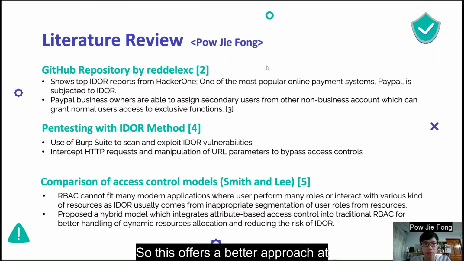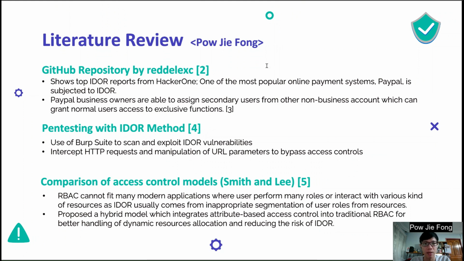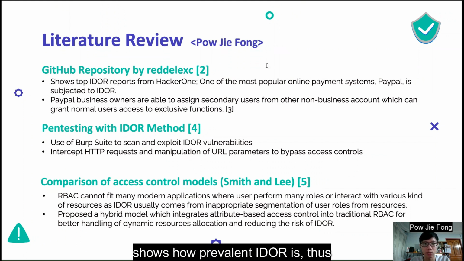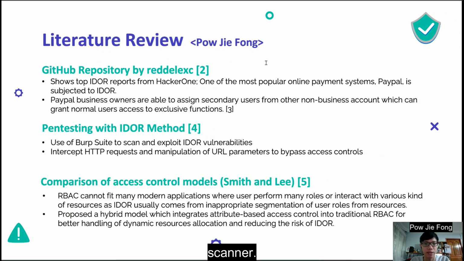So this offers a better approach at reducing IDOR risk by better segmenting users' roles from resources. All these researchers show how prevalent IDOR is, thus motivating us to work on this IDORGuard scanner.